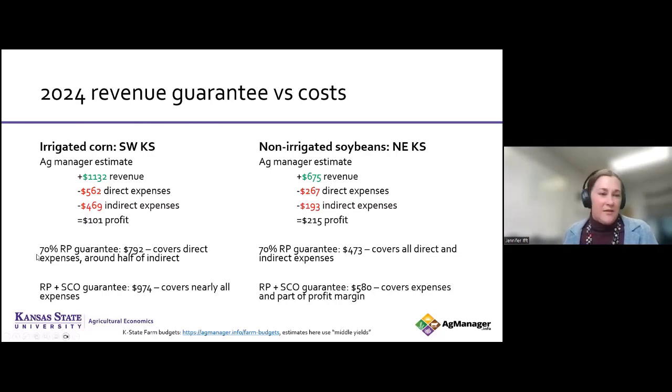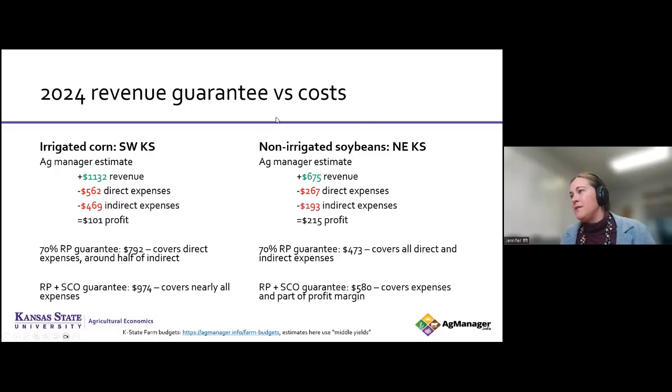If you think about the 70% RP guarantee, that's pretty common. That will cover your direct expenses, but not all of your indirect expenses. Revenue protection plus SCO will cover nearly all of your expenses.